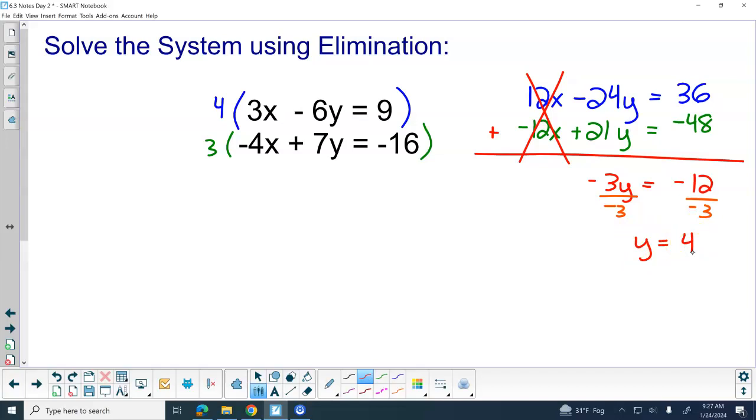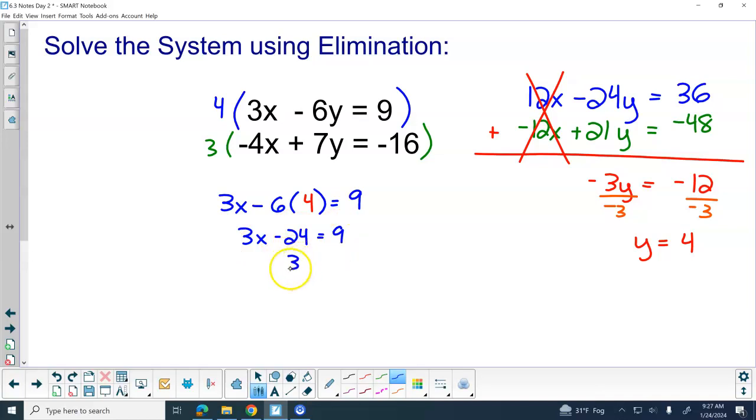Which one do you want to plug 4 back into? Blue or green? Does it matter? No? Blue? Blue? Okay, we'll go into blue. So 3x minus 6 times 4 is 9. 3x minus 24 is 9.